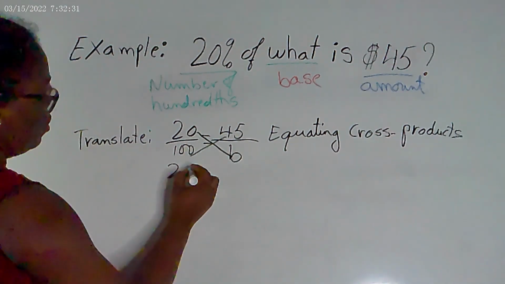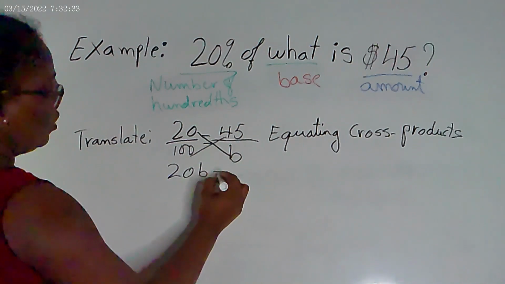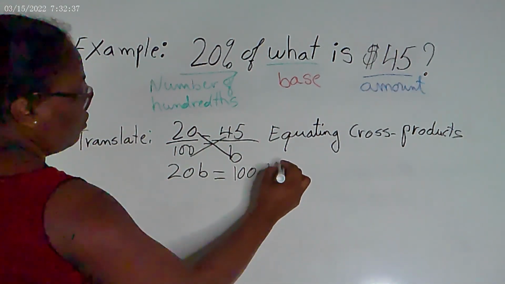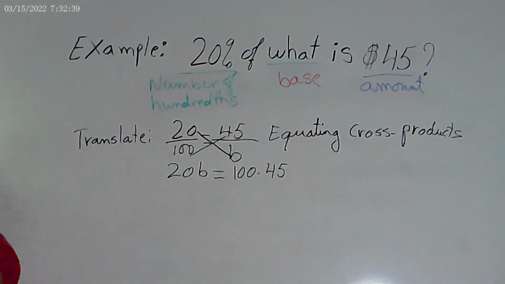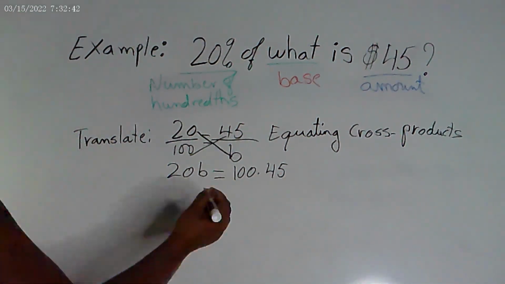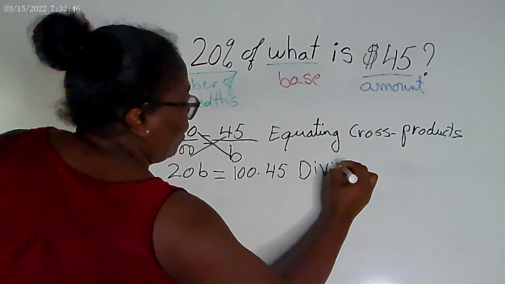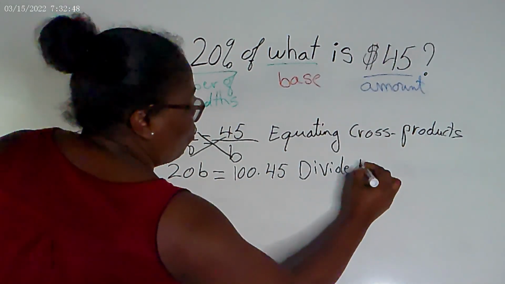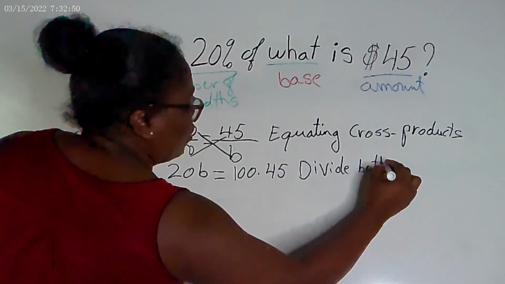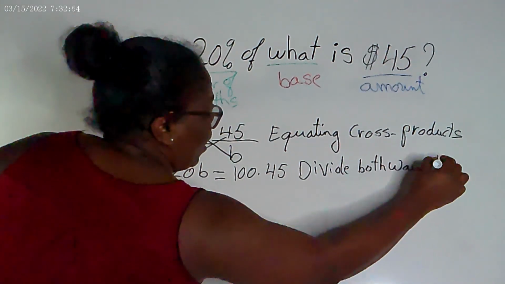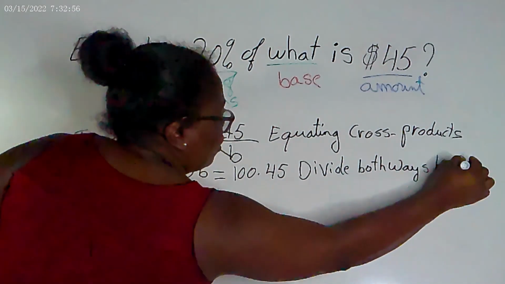So we have 20B equal to 100 times 45. So what are we going to do? Divide both sides by 20.